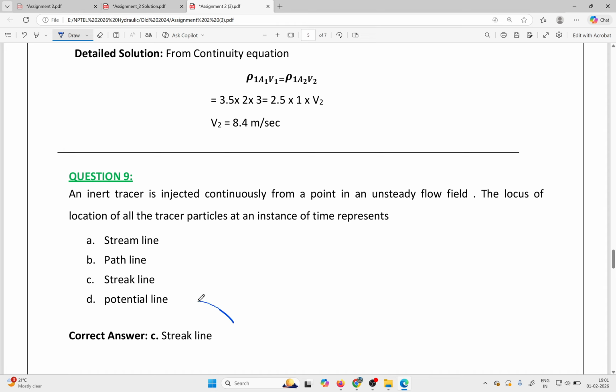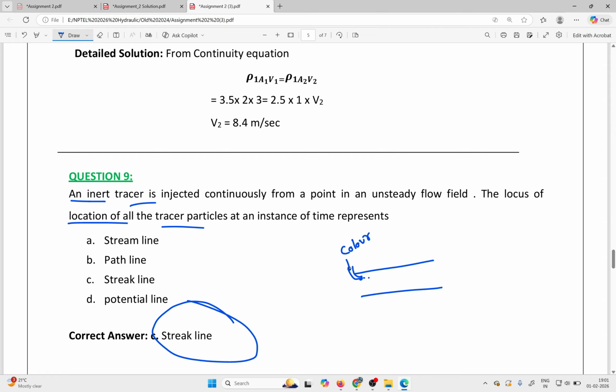The similar question here is the definition of the streak line. An inert dye is injected continuously from a point in an unsteady flow field. The locus of the location of all the trace particles at an instant of time represents, means, you have some dye here and color. You are putting color from here, so you can see this.